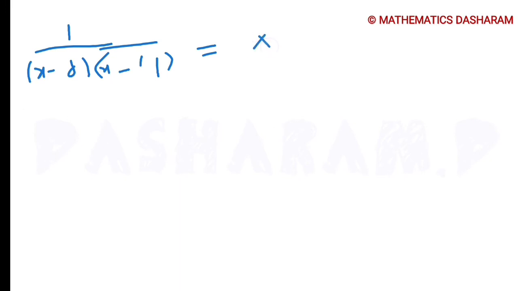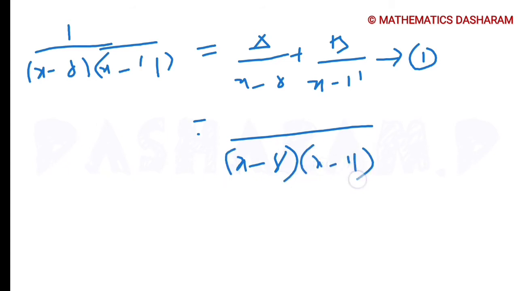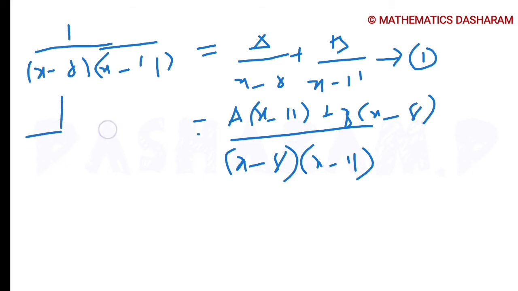So it equals a divided by x minus 8 plus b divided by x minus 11, equation 1. Here a and b both are constant numbers. So take the LCM, x minus 8 into x minus 11. So a into x minus 11 plus b into x minus 8, and the left side is 1 by (x minus 8) into (x minus 11).